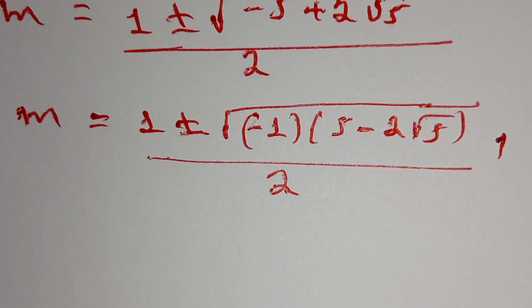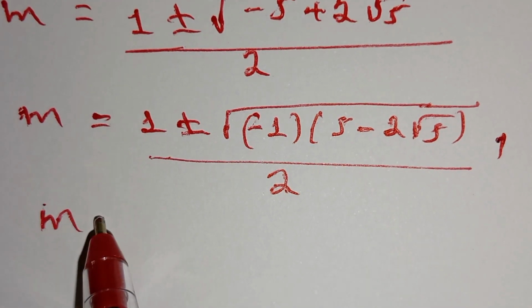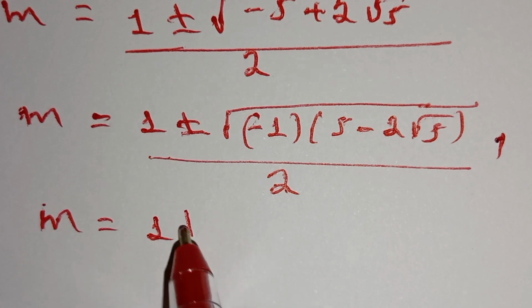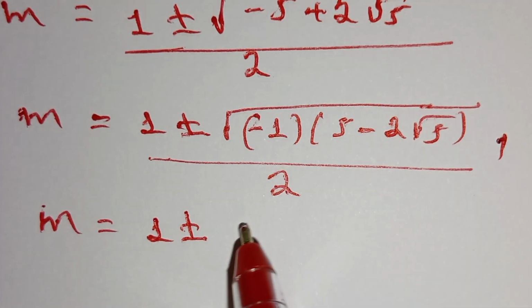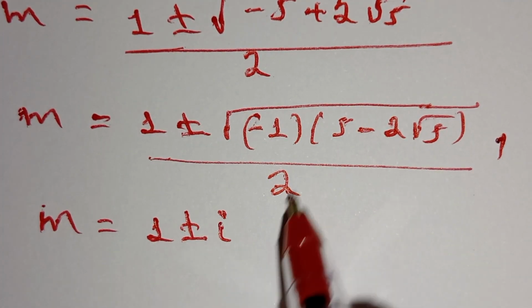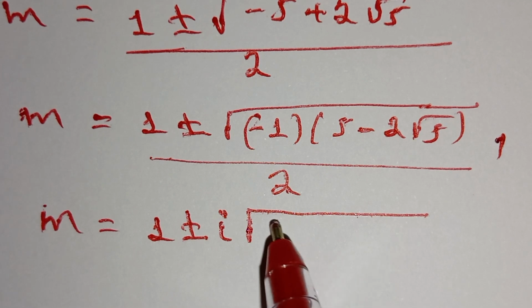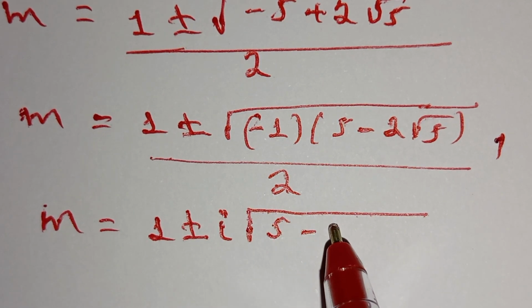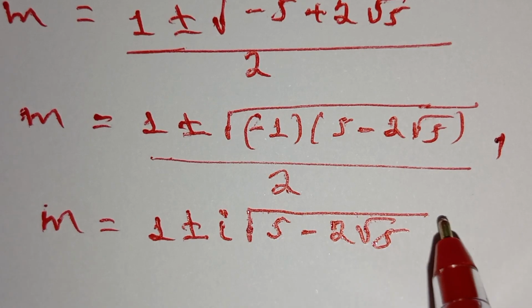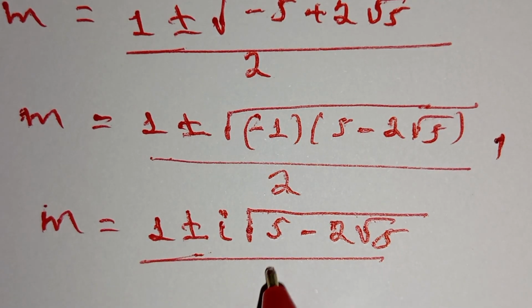Based on this, m becomes 1 plus or minus i times the radical of 5 minus 2 radical 5, over 2.